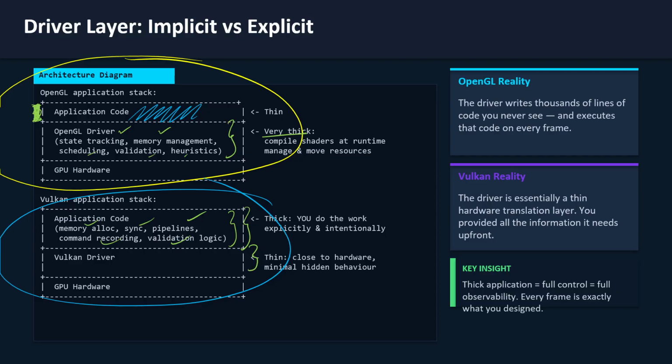The GPU hardware is the same, but you can clearly see that the overall execution required by the OpenGL driver and the Vulkan driver is very different. Vulkan is much cleaner. There are no hidden tasks, and that is why we call it an explicit API.